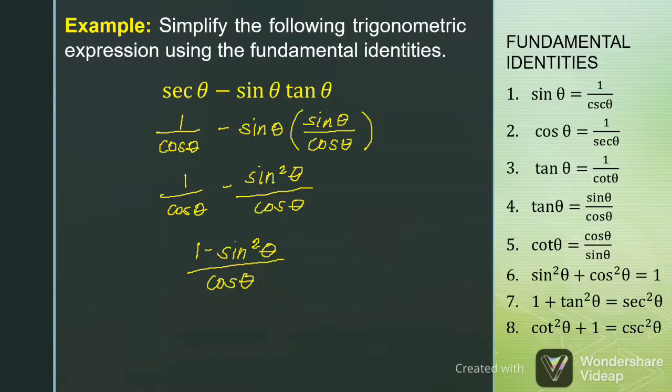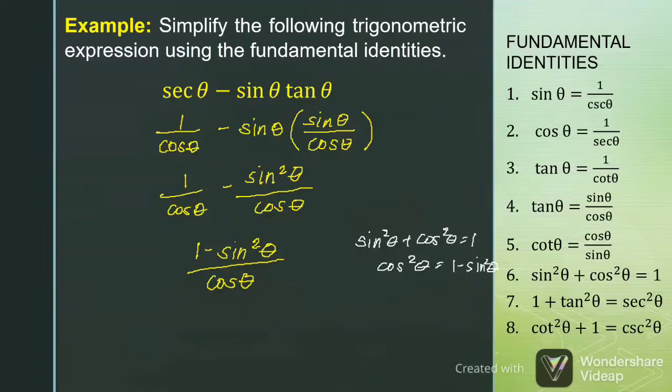And what is the equivalent of 1 minus sine squared theta? We can use the sixth fundamental identity because it states that sine squared theta plus cosine squared theta equals 1. And we solve for cosine squared theta, which is equal to 1 transposing sine squared theta. It becomes minus. So minus sine squared theta.